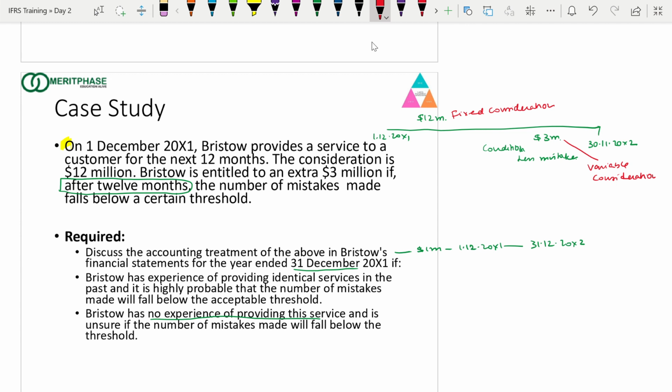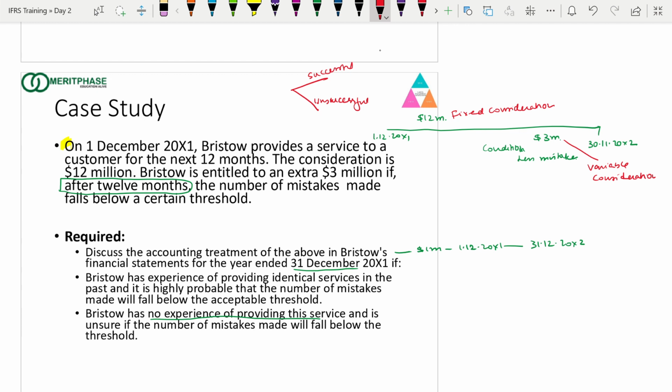There are only two results: either it will be successful or it will be unsuccessful. Now we have to know, if it is successful, how much you will get, and if it is not successful, how much you will get.